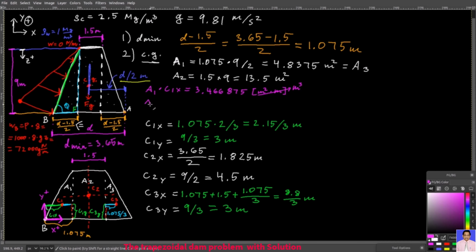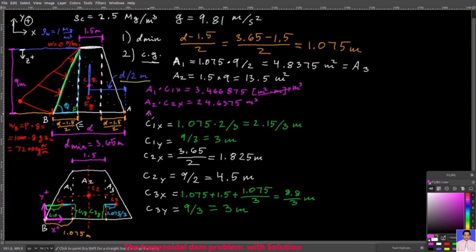Then I take A2, which is this rectangular area, and I multiply by its corresponding horizontal position of the centroid measured from point B. So C2x. If you multiply them together, then you will have this number here.